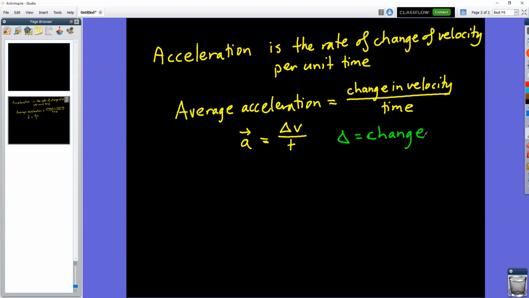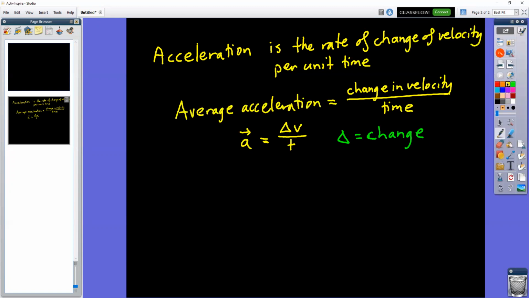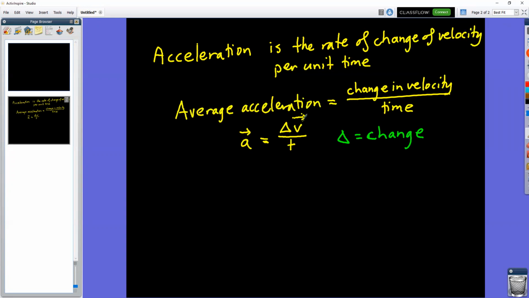The change in velocity is the final velocity, v final, minus the initial velocity. And we write it like that. So we can now rewrite this as v subscript f minus v subscript i, over time.